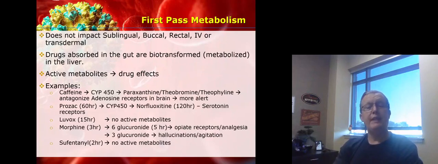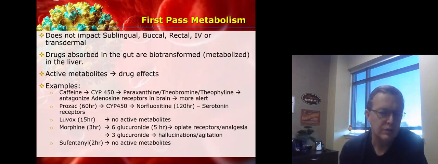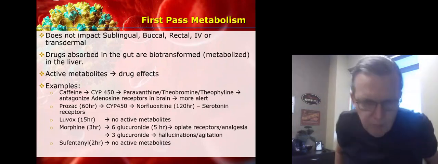Now, thinking about metabolites and half-life, a good example of a way that is pretty dramatically different between a couple of antidepressants is medications like Prozac and Luvox. Prozac is an older antidepressant. Luvox is one of the newer ones out there on the market.